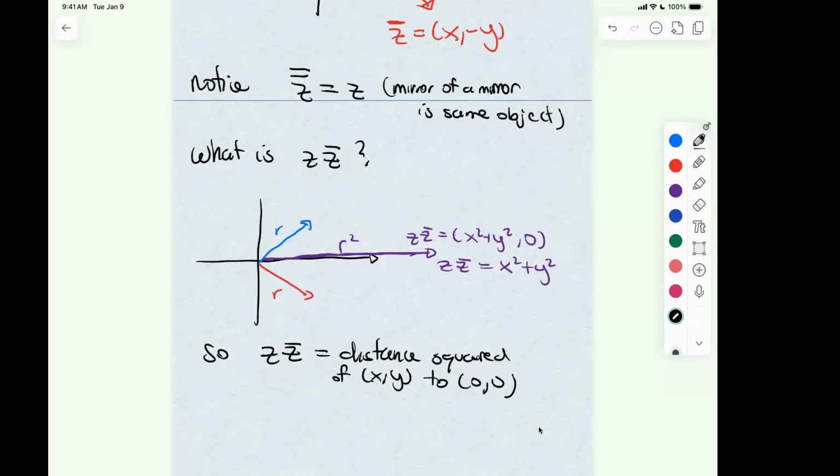But if I write w equals f of z, like z squared, this depends on two variables, and the graph is four-dimensional, so it cannot be drawn on the same plane as the original one.